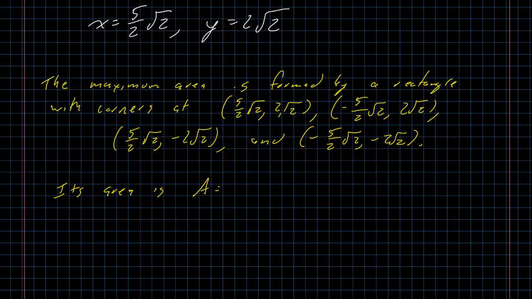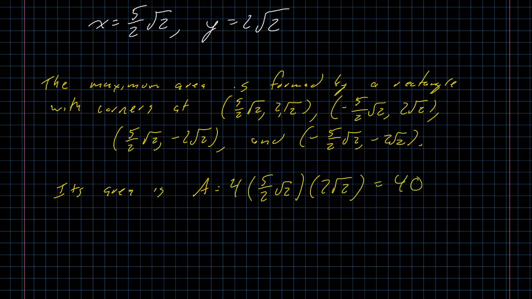And we can calculate the area, which is 4 times the x component times the y component. Root 2 times root 2 is 2. So we've got 4 times 5/2 times 2 times another 2, which is 4 times 5 times 2, which is 40. In fact, we got that as an exact value in the problem that we were looking at, trying to solve this graphically, which doesn't usually happen, but we had some nice numbers to deal with for this particular example.